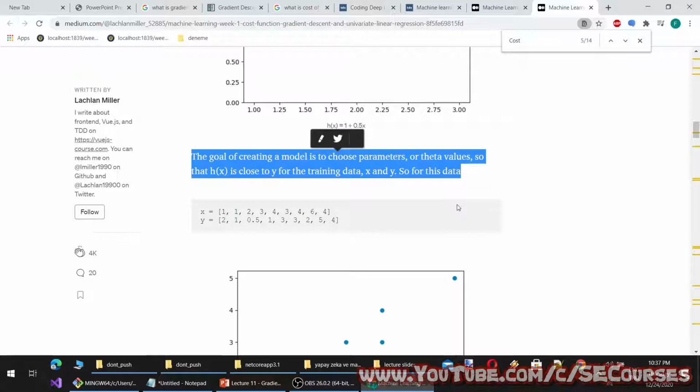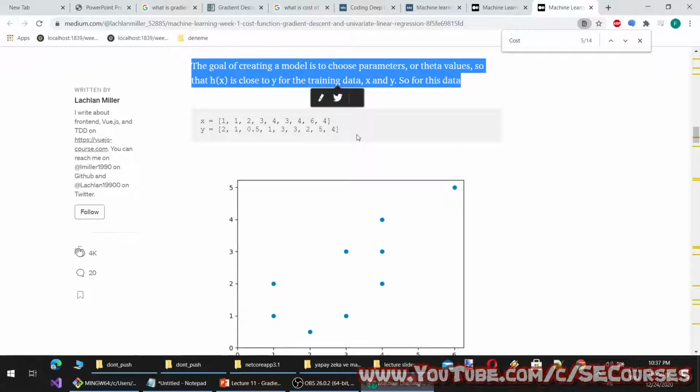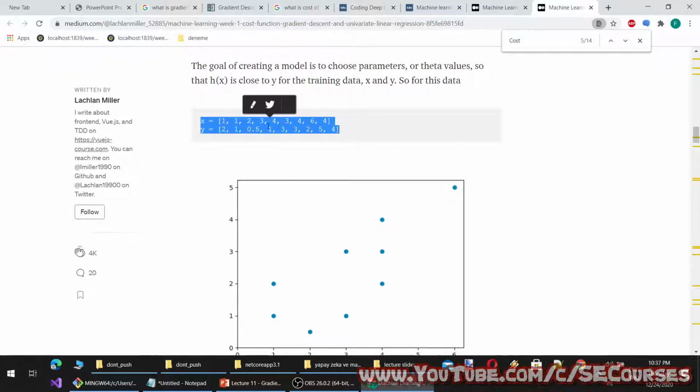The goal of creating a model is to choose parameters, or theta values, so that h(x) is close to y for the training data, x and y, so for this data. Let's say we have these data points. X equals 1, 1, 2, 3, 4, 3, 4, 6, 4.